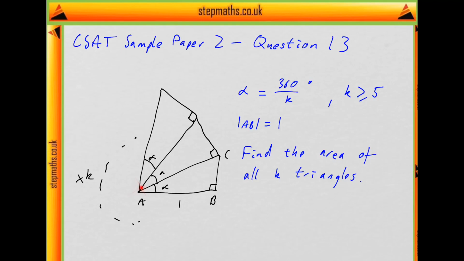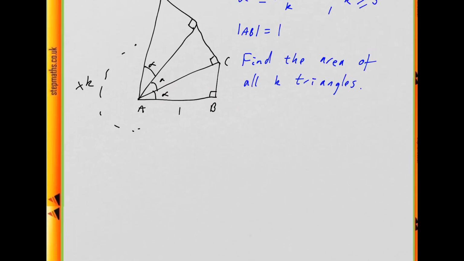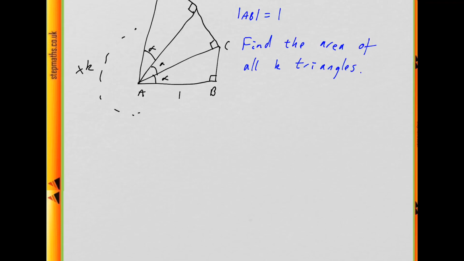So because I know this length here is 1, if I find the length of this side, then the ratio of this length, AC, to 1 will give me the ratio between the lengths of the triangles. So let's just try to find AC. That's not too difficult because we have a length and we have an angle, and it's a right angle triangle, so we can just use the definitions of the trig functions.